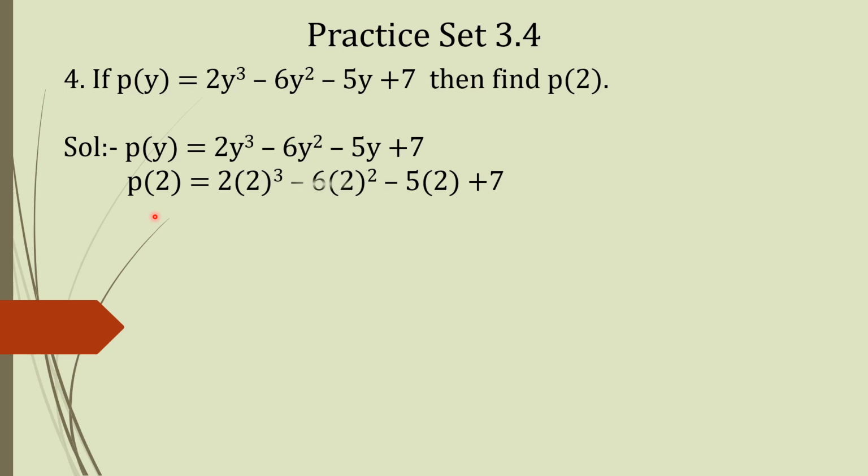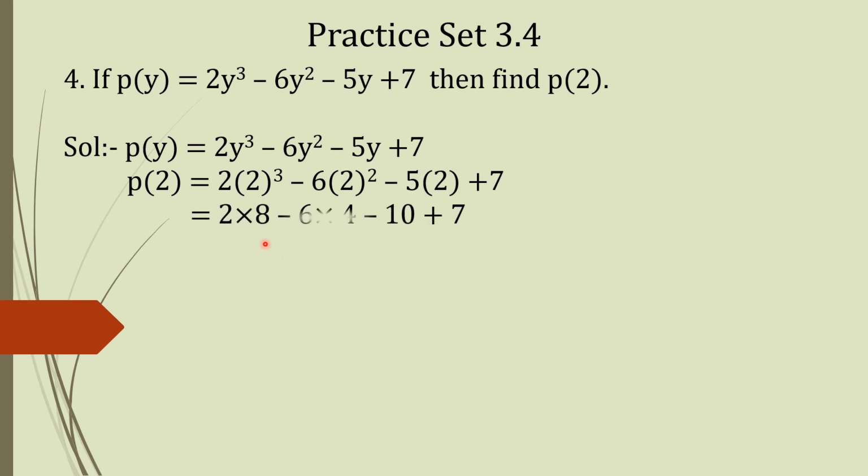So p of 2 equals 2 into 2 the whole cube, minus 6 into 2 the whole square, minus 5 into 2 plus 7. So now students, first 2 cube will be 8, then minus 6, 2 square will be 4, so 6 into 4, minus 5 twos are 10, plus 7.